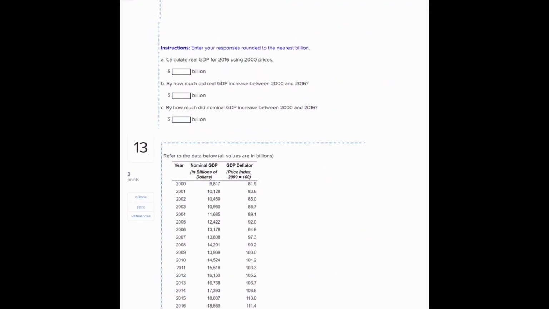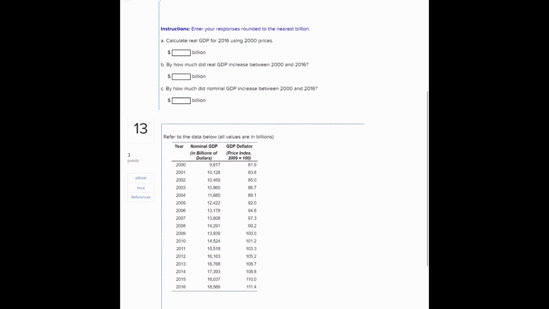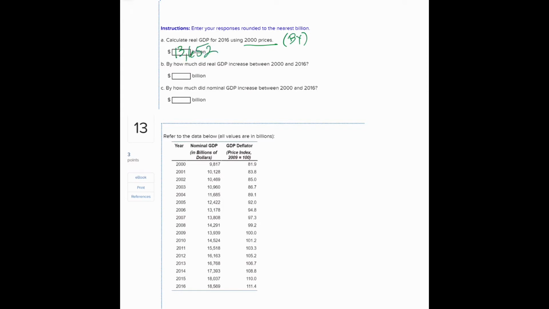For part B then, we're going to take the information we already have and compare real GDP from 2000 and 2016. So we just calculated real GDP for 2016 using 2000 prices, meaning that that became our base year. That's an important thing to know here, because all we're going to do for part B is compare the values. So we just came up with a value of 13,652 billion for 2016.